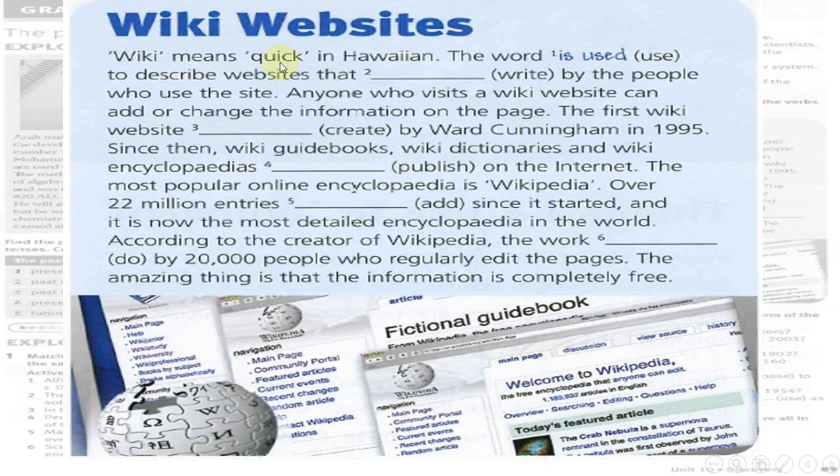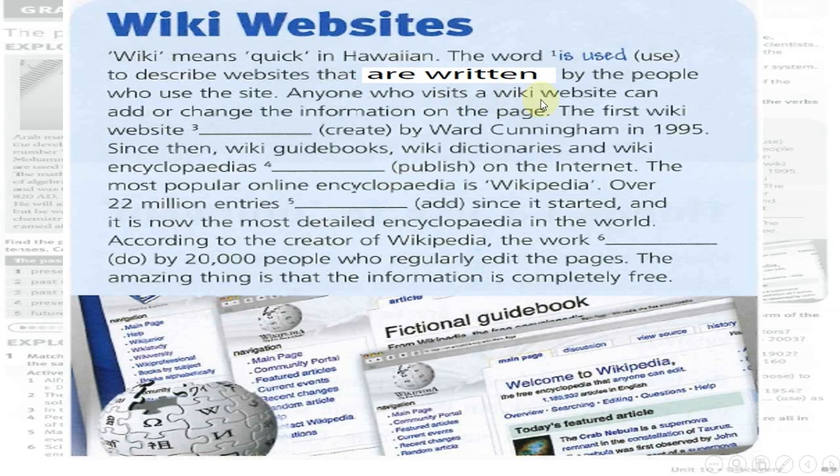Wiki means quick in Hawaiian. The word is used to describe websites that are written by the people who use the site, since this sentence is in the simple present.